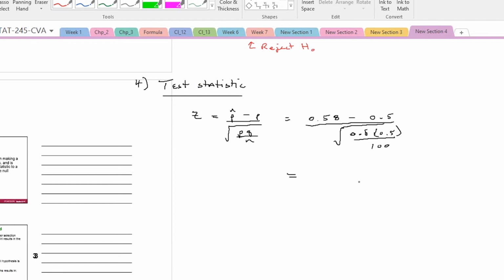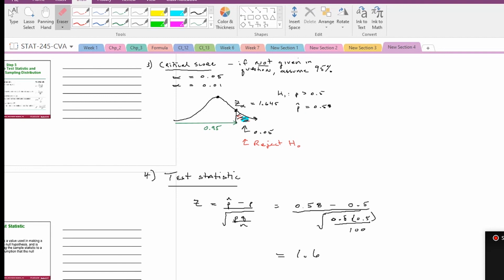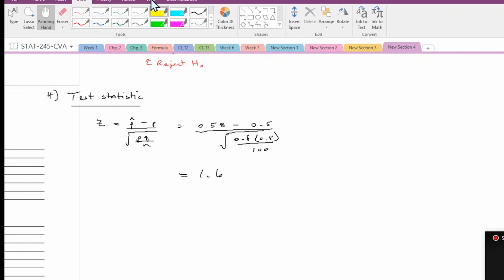0.58, you just get out your calculator here, and you get 1.6. Okay, so 1.6 looks very close to 1.64, doesn't it? So the ultimate test, or what we've just accomplished here, is this.